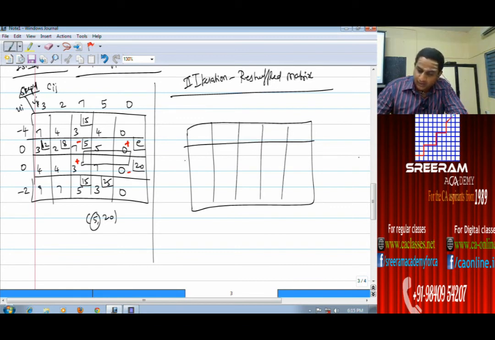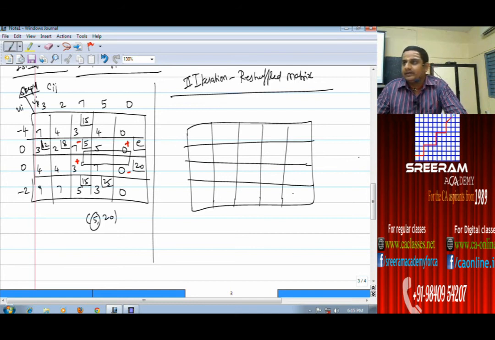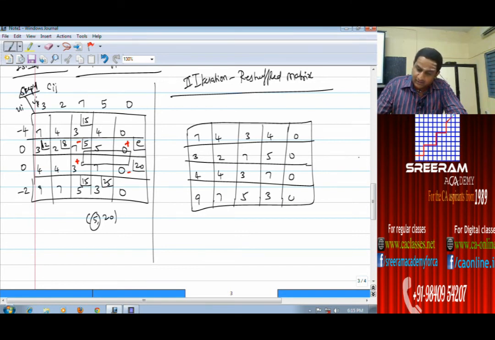See, solving the problem will not be difficult or great. The drawing of the table will irritate us. 7, 4, 3, 4, 0, 3, 2, 7, 5, 0, 4, 4, 3, 7, 0, 9, 7, 5, 3, 0. 15 will be 15, 12 will be 12, 8 will be 8. Now 5 minus 5, allocation gone.